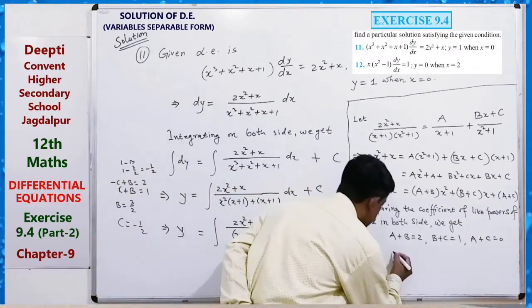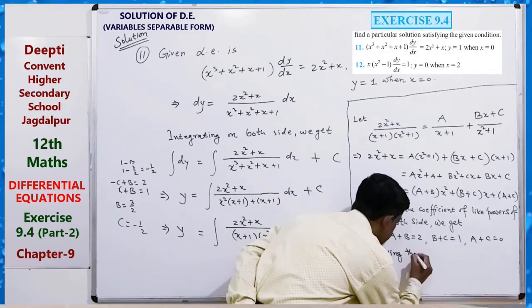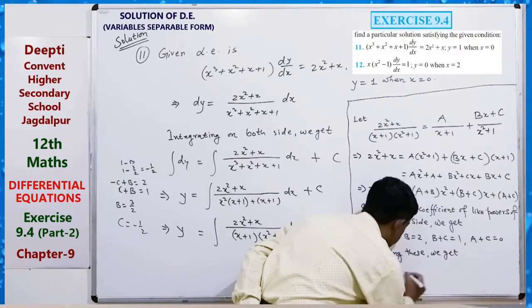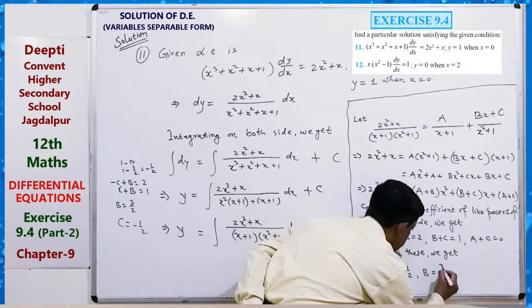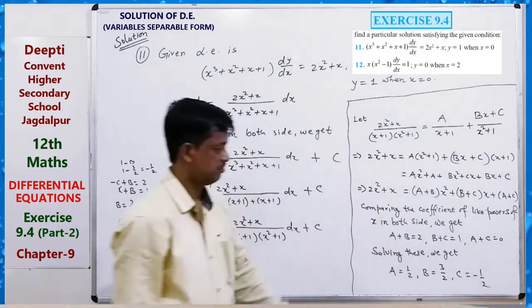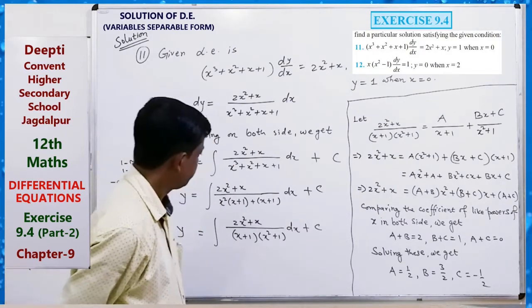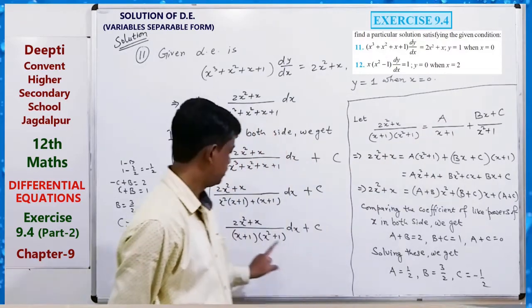So solving these, we get a equals half, b equals 3 by 2, c equals minus half. Okay, now use this here and put it here.